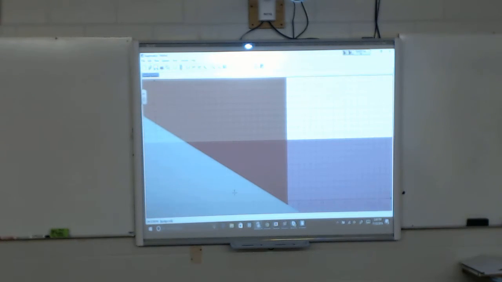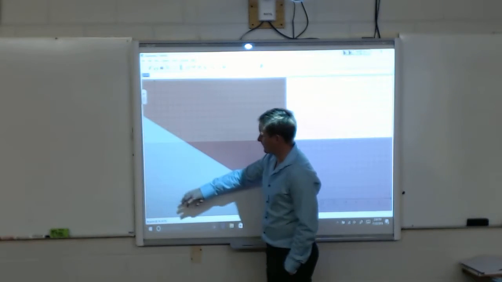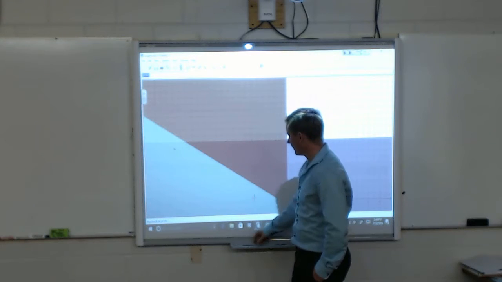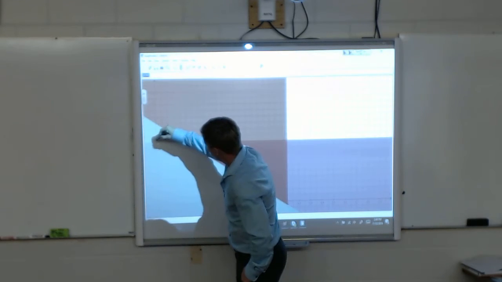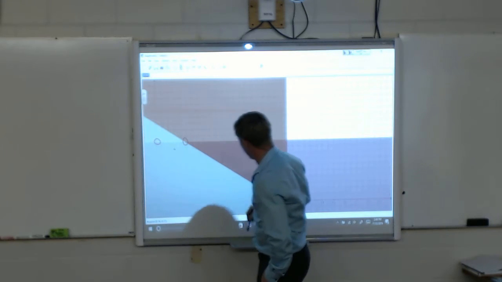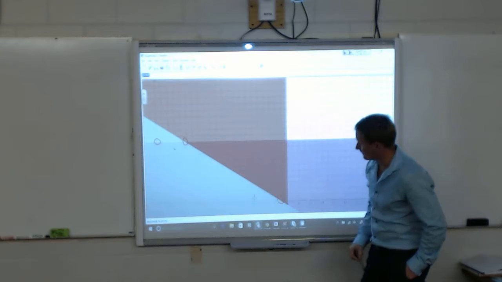Okay. So far, pretty decent. All right. So now what I'm looking at, this region right here, this is my feasible region. That's the shaded region. So now what I would do is take the outskirts of it, right there, and right there.